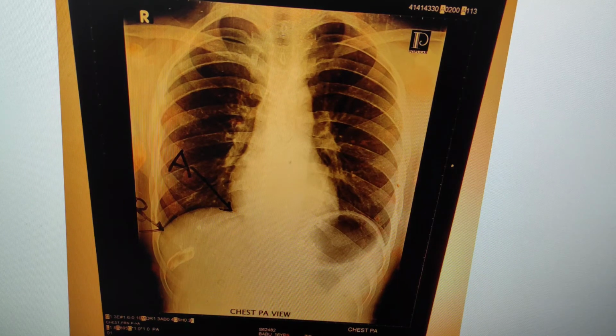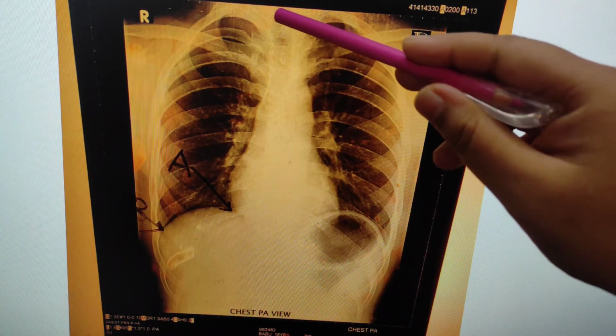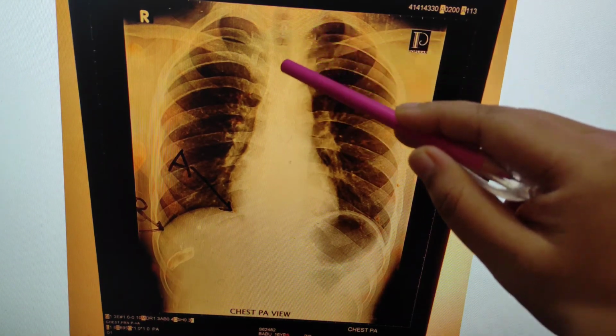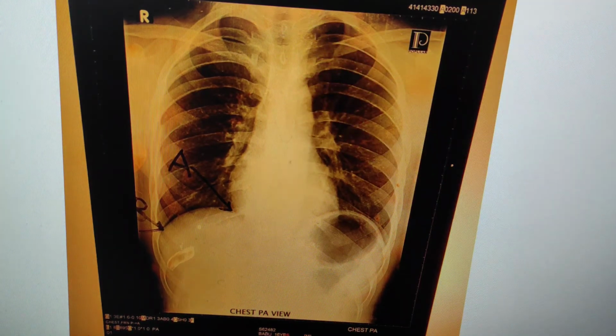Now I am discussing the trachea. Here is the trachea. The trachea is centrally placed, but if there is fibrosis in the lung or tumor of the lung, then the trachea is deviated to the same side or the opposite side.